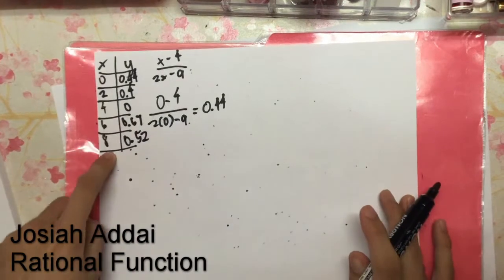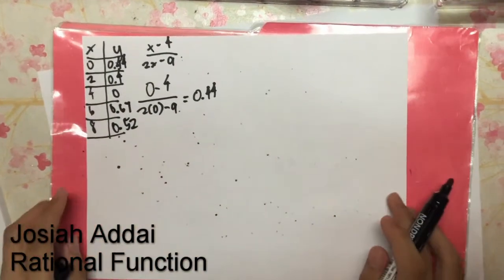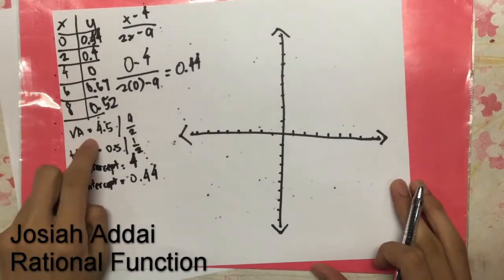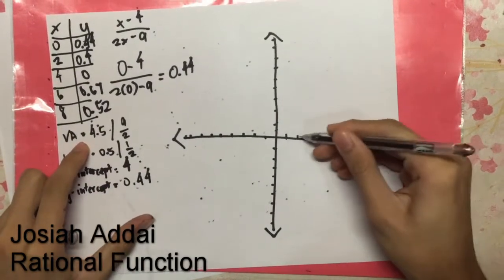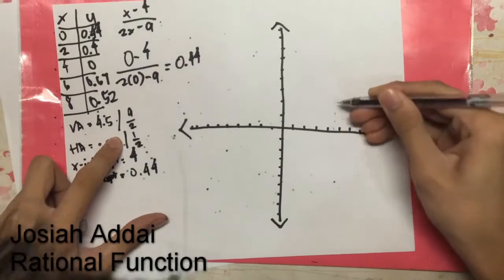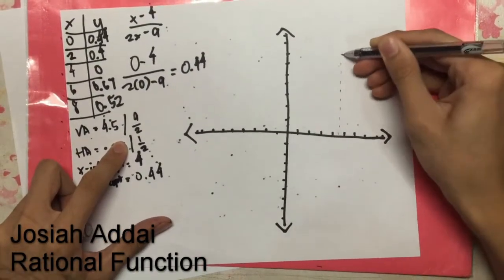We're gonna graph this t-chart in a Cartesian plane. Vertical asymptote will be at 4.5, so 1 2 3 4.5, it'll be here. We'll graph it as a broken line so we will not be confused.